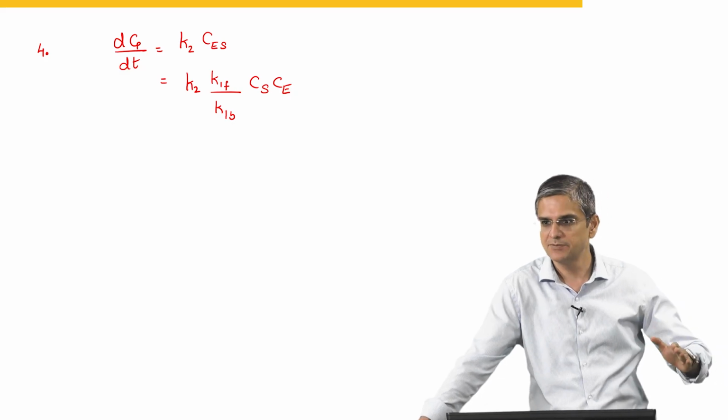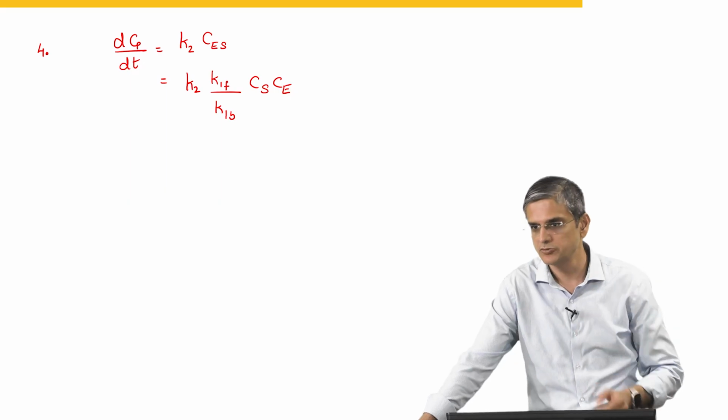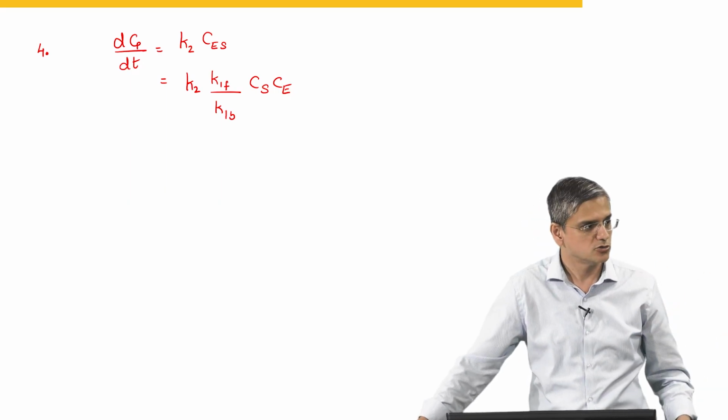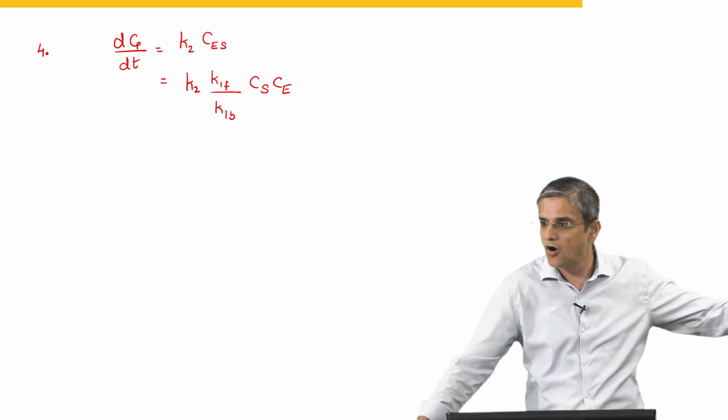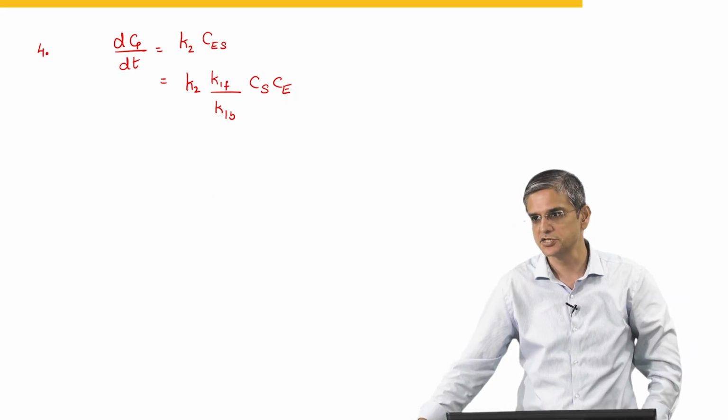So, the enzyme that is free, the enzyme that is bound to substrate, the enzyme that is bound to inhibitor, the enzyme that is bound to the product, the sum of all of this will be equal to your initial enzyme concentration.